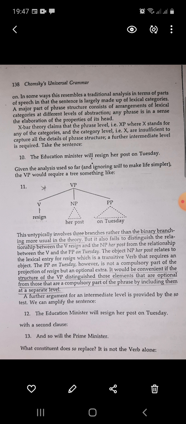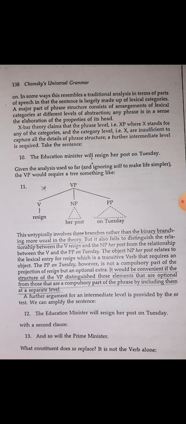Her post has a strong relation with the verb resign, because without her post, the meaning of this verb resign will be just unclear, vague, and implicit. We won't be able to understand what the sentence is actually talking about. But if we just omit on Tuesday, it won't matter a lot.